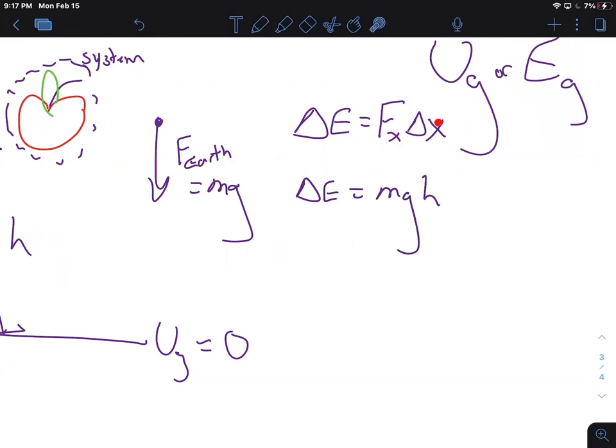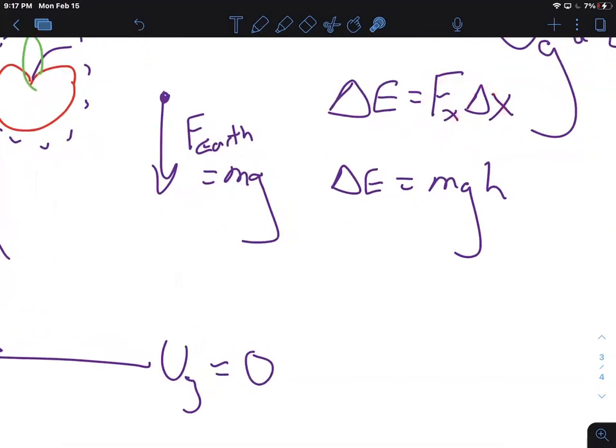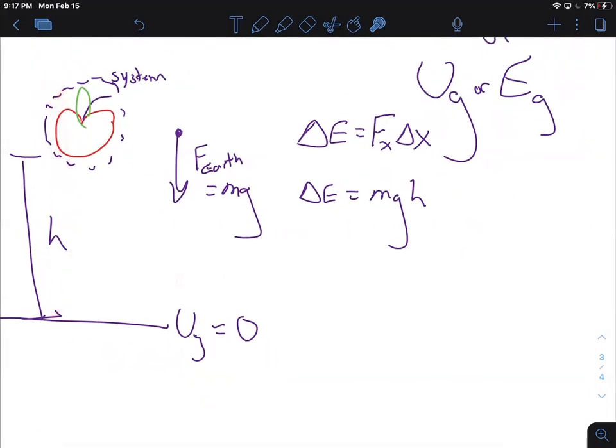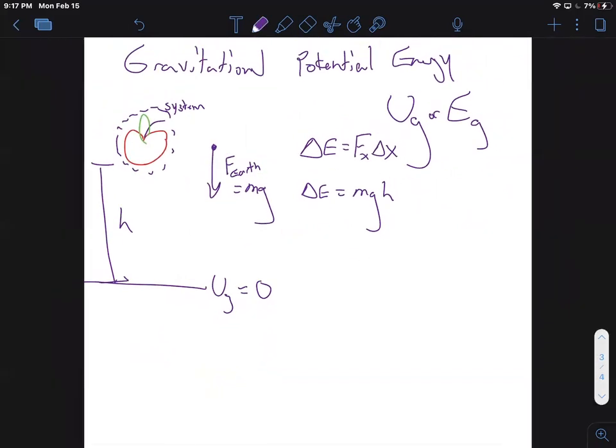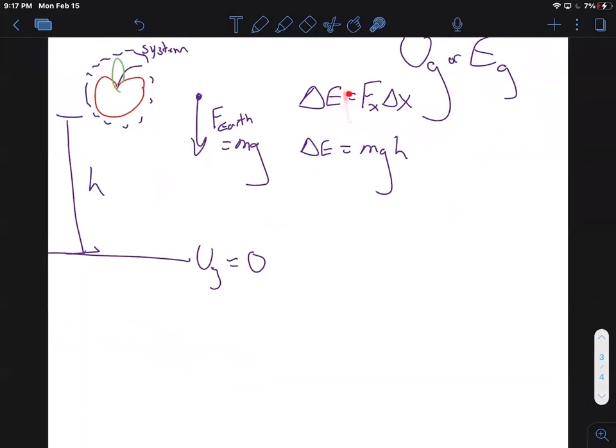Well, notice here I wrote these as x, but we can think of them as y, right? It's pulling in the y dimension. It's traveling this displacement of h in the y. What matters is these are in the same dimension, in this case, the vertical. All right, so the change in energy here was mgh. So this is where our potential energy came from.